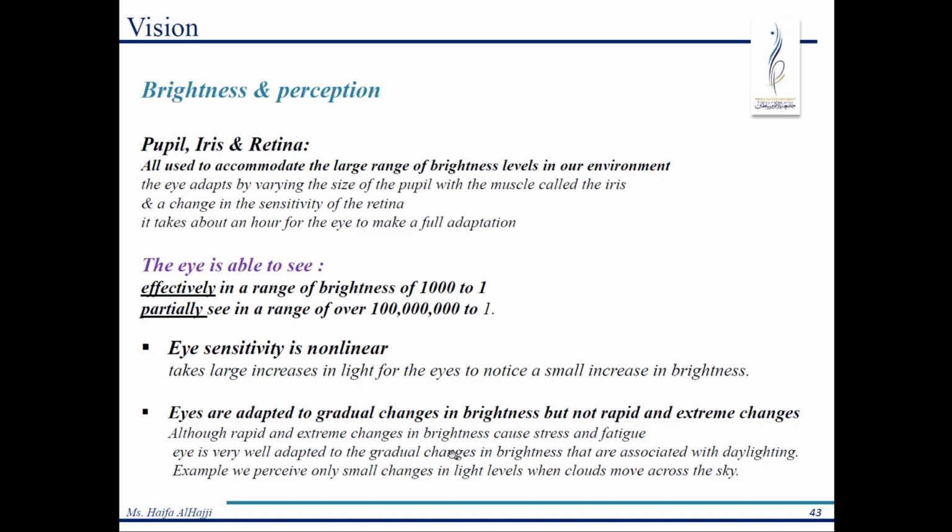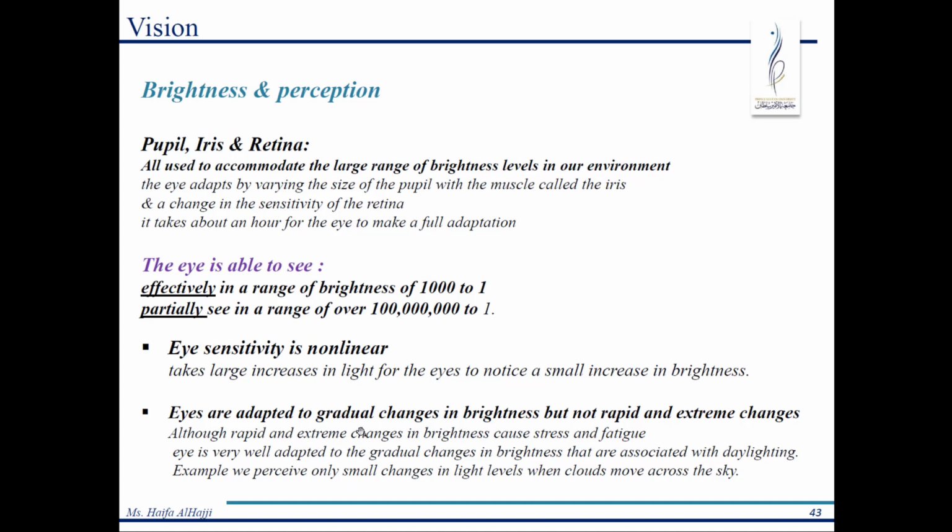You won't differentiate between the brightness levels inside; you'll see them all as one. And vice versa: when you're inside and go outside, you see everything as very bright, because your eye was adapted to the inside and it takes time to adapt to the outside.